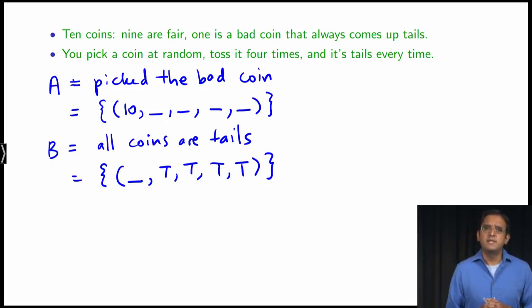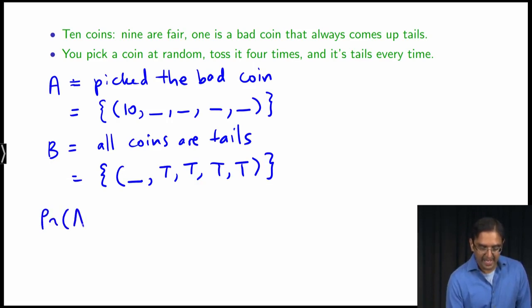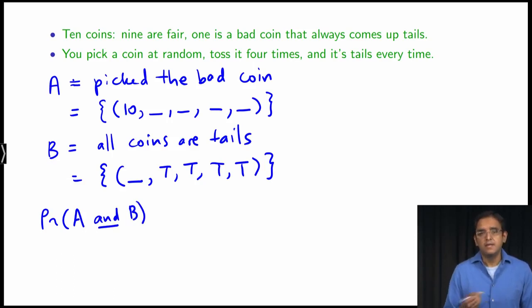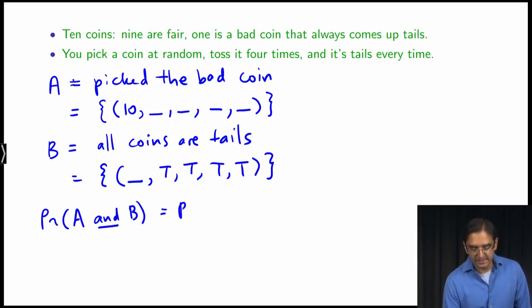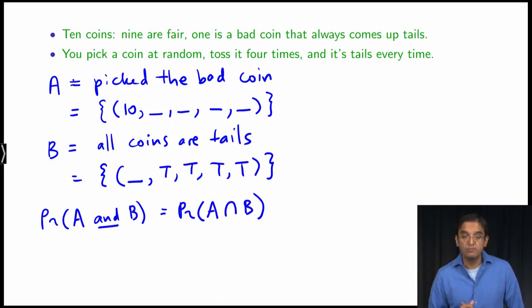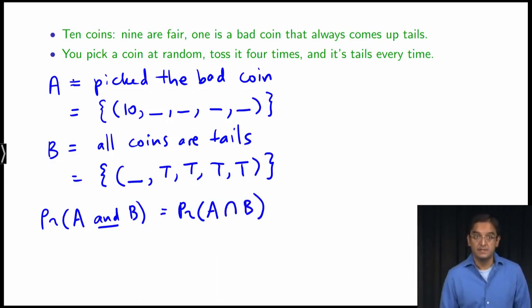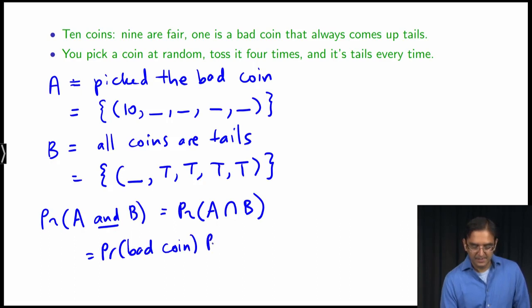So these are the two events that we're dealing with. What is the probability that both of them occur? Okay, so what is the probability A and B? And the way we usually write this, in fact, is A intersection B. What is the probability that both of these things happen? Well, it's the probability that we picked the bad coin times the probability that we get all tails given the bad coin, given that the coin is bad.